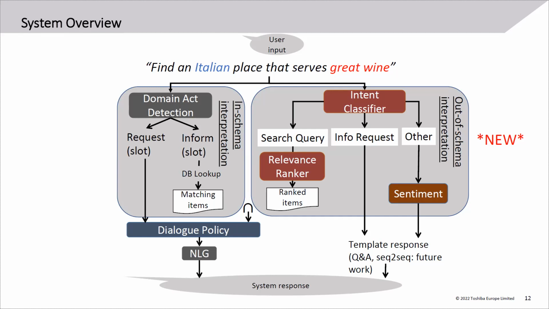For an utterance like "find the Italian place that serves great wine," the domain-specific component would extract all the Italian restaurants, and the ranking component would rank them according to the presence of reviews that mention great wine.